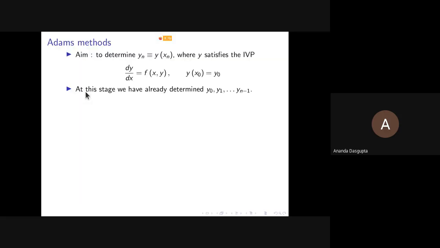Now suppose I want to find out yn, which is the nth x. Of course, in all these algorithms, you have not found out yn just out of the blue, right? You started with y0, then you had found out y1, y2, y3, yn minus 1, and then found yn. So it's natural to think about it this way.